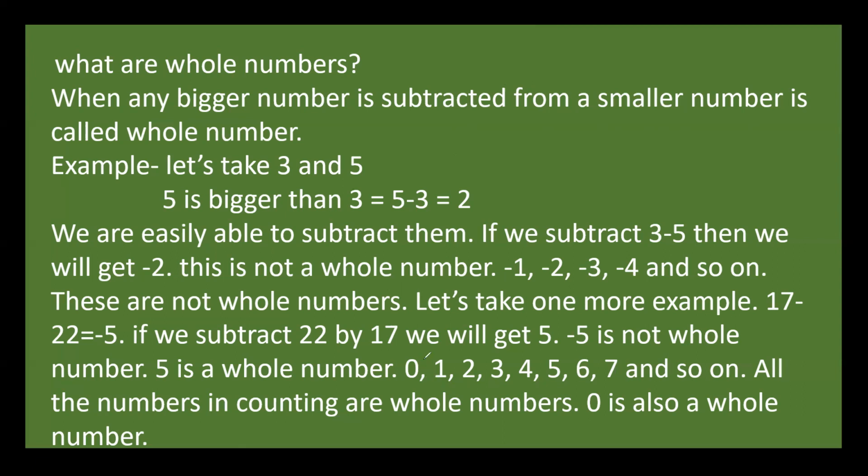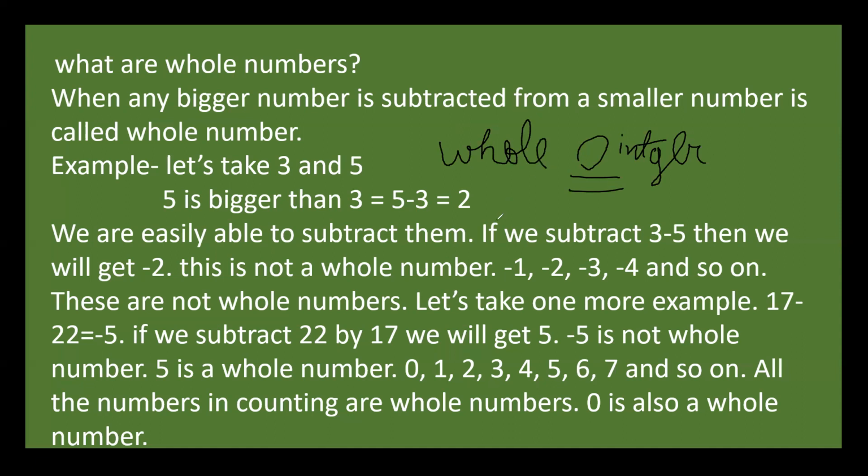Counting is endless, we cannot end the counting, but all the numbers that come in this counting are whole numbers, and 0 is also a whole number. The speciality of 0 is that 0 is an integer also, and a whole number also.